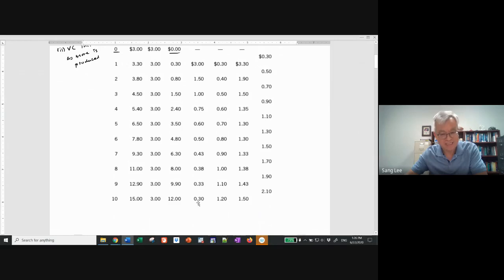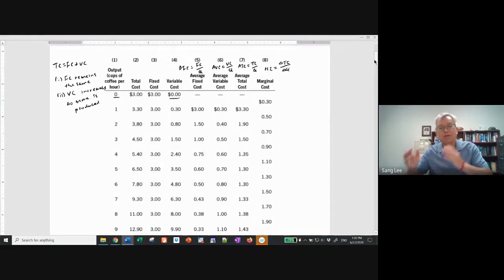It only declines because fixed cost does not change, yet more and more units are produced. So if you divide a fixed number by a greater and greater output, then the value will be smaller and smaller.